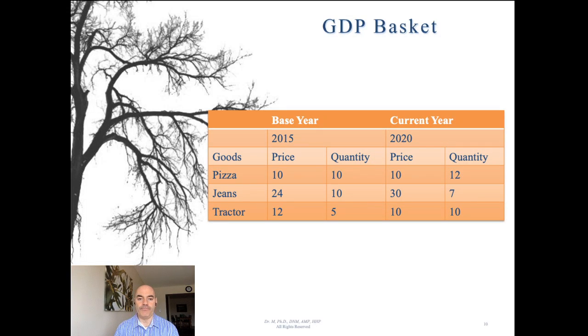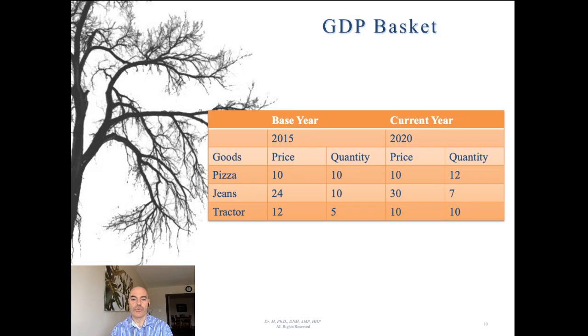The goods are pizza, jeans, and tractor, the favorite three goods for my students to use over spring break. So the price of pizza in 2015 was recorded at 10, for jeans at 24, and tractor at 12. And accordingly, the quantity was recorded as 10, 10, and 5.